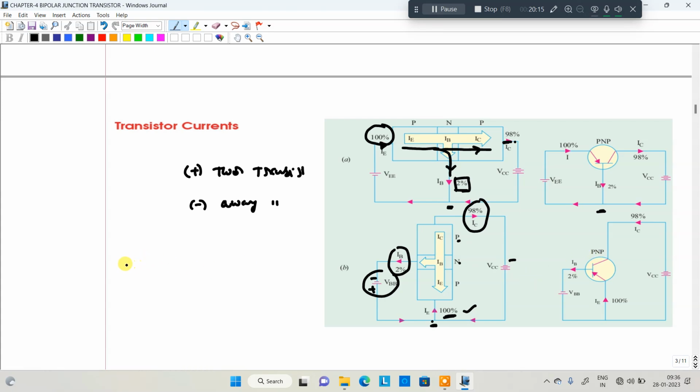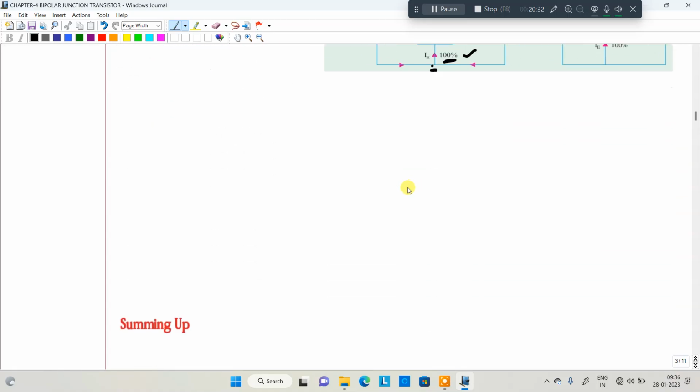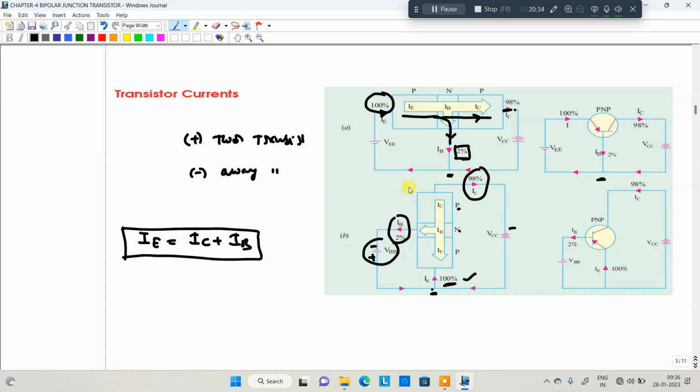Now, considering the currents here, the emitter current IE is equal to the collector current plus the base current. This is valid for both NPN and PNP transistors. Always this particular case is valid in both cases. I hope everyone is clear about the transistor currents.